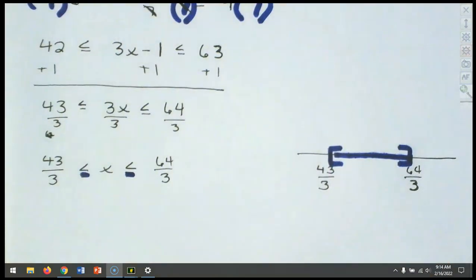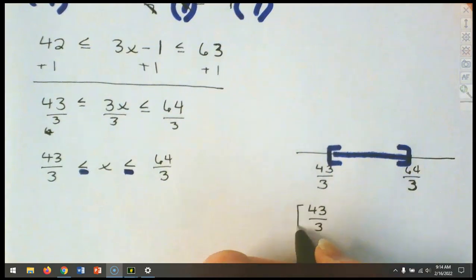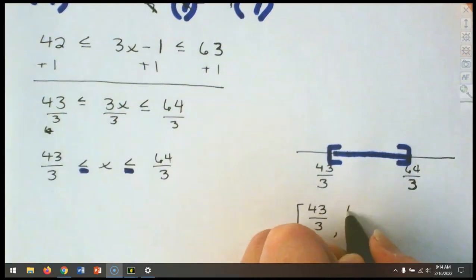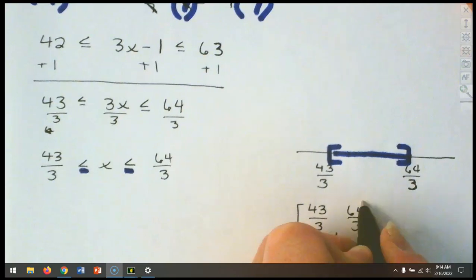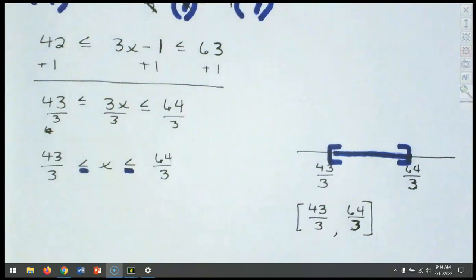And so then what does our answer look like in interval notation here? It looks like 43 over 3 with the square bracket, comma, 64 over 3, also with a square bracket. Is everyone all right with that so far?